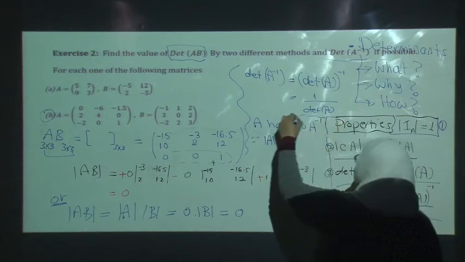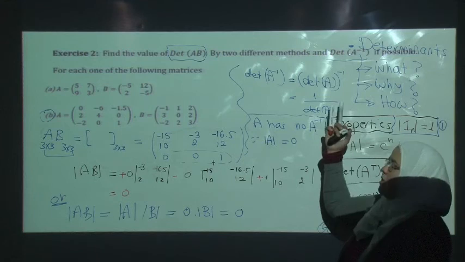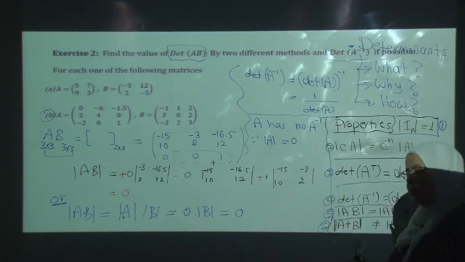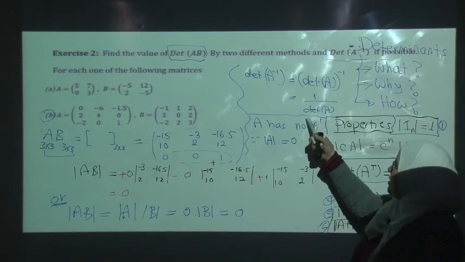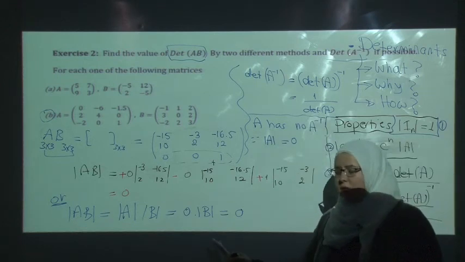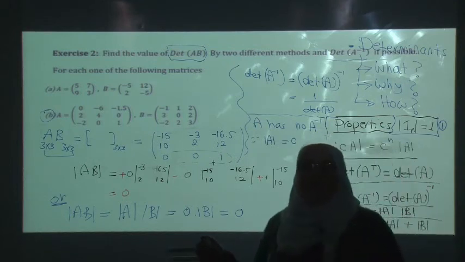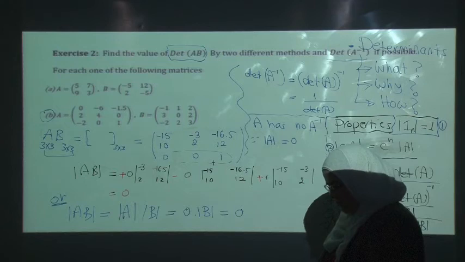But we have to illustrate that the determinant of A inverse is the same as the inverse of the determinant of A. This is using property number 5, and then it does not exist because the determinant of A was 0, which means that from the beginning A is a singular matrix which has no inverse.